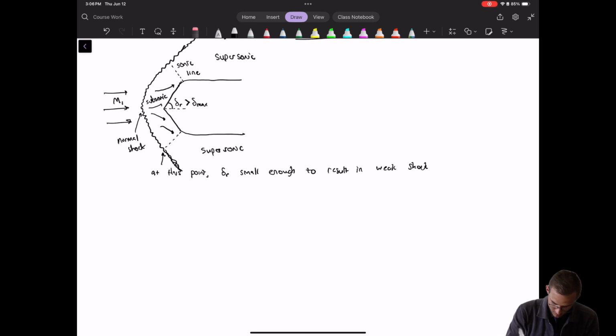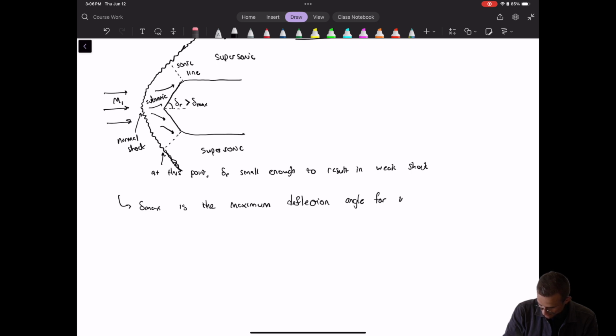Okay, so you can think of delta max as the maximum deflection angle for which a shock can remain attached.